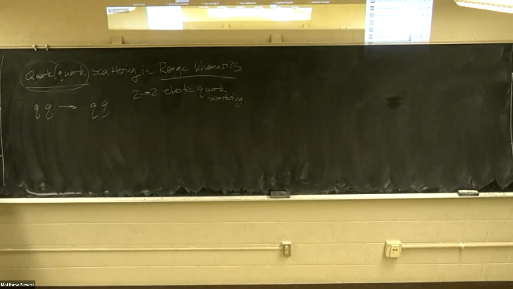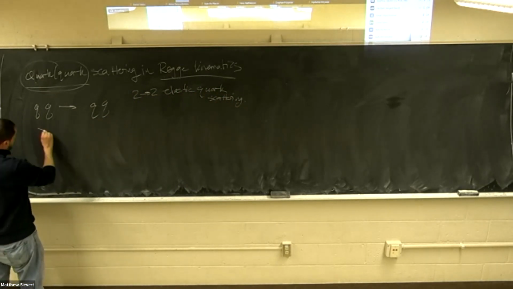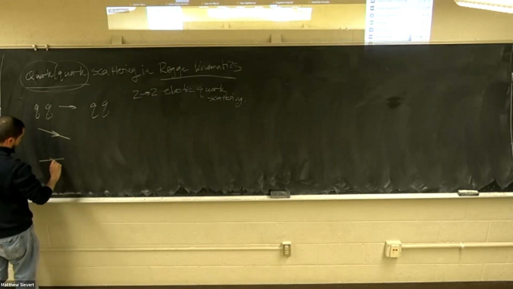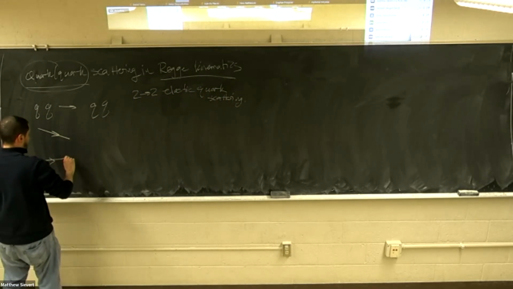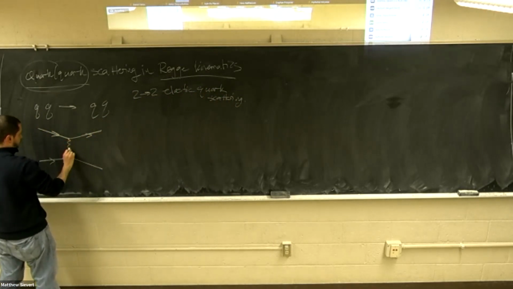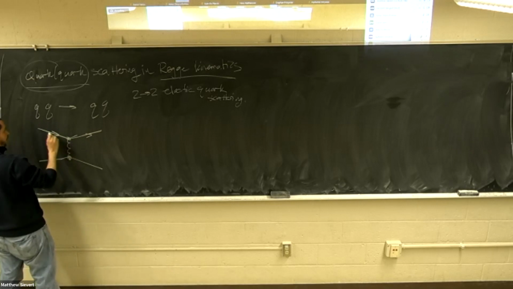If I write down the Feynman diagrams that contribute to this process, there's only 2 that I can draw. I have a quark coming in, and another quark coming in. They're allowed to interact with each other, and I have a quark coming out and another quark coming out. About the only way that I can complete this diagram is to connect them by a gluon exchange like this.